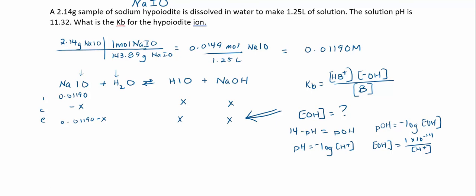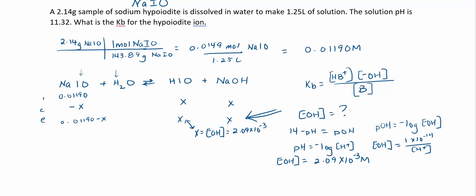And that should lead you to a concentration of the hydroxide ion being 2.09 times 10 to the negative third molar. So X is equal to the concentration of the hydroxide ion, which is 2.09 times 10 to the negative third. Well, that's also this concentration.